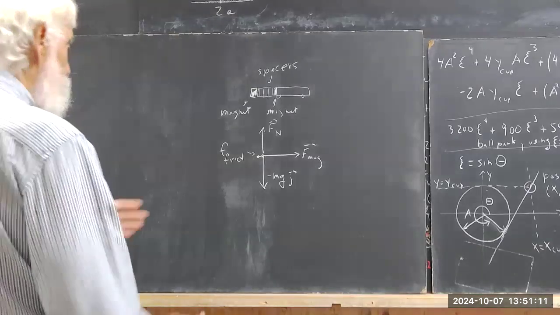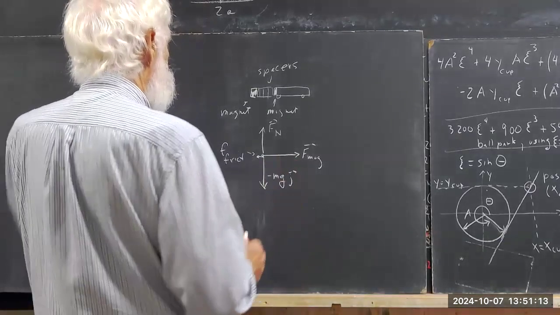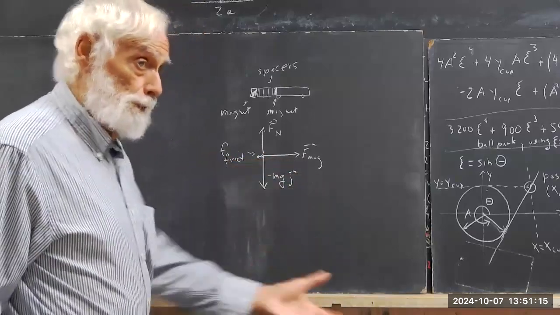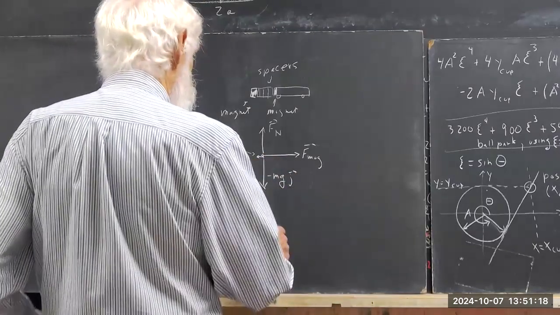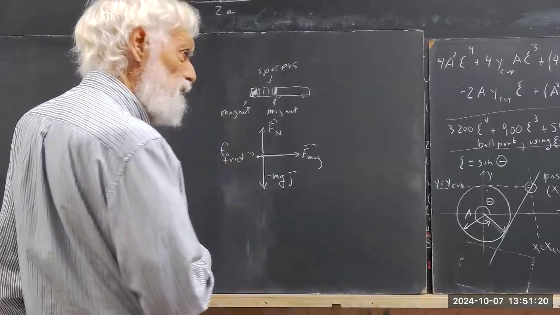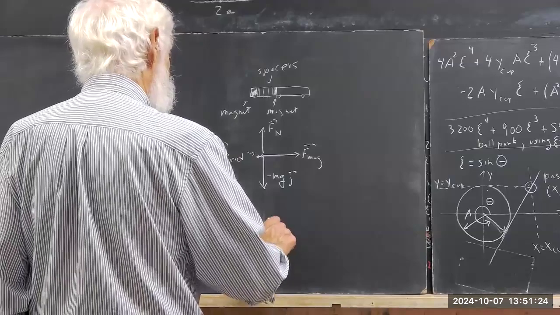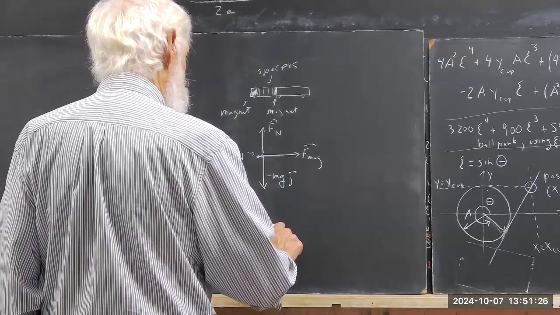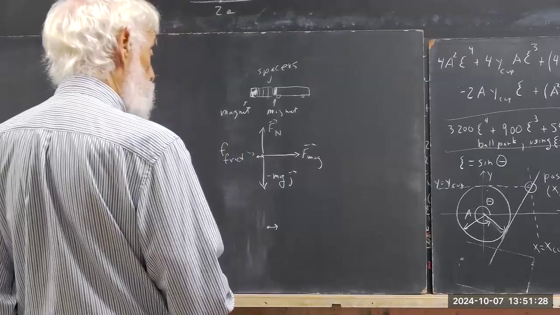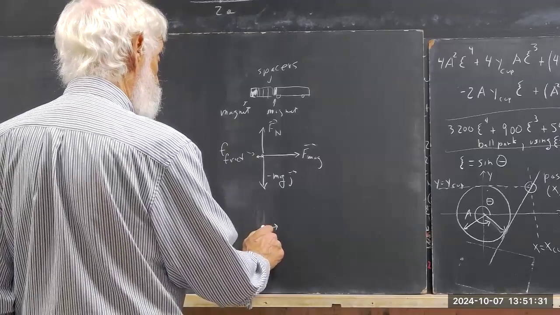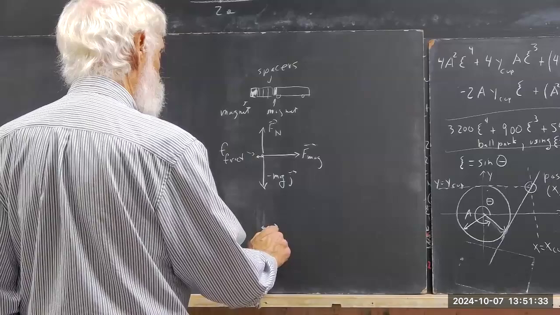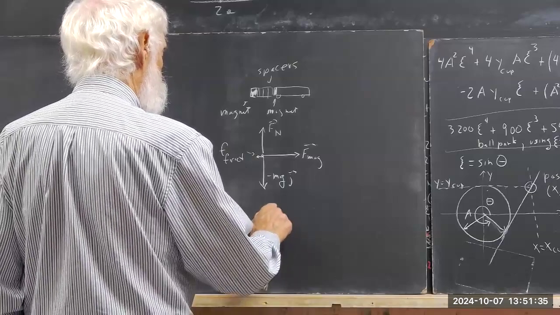Okay, so after this thing's moved 10 centimeters, the magnetic force is going to drop off pretty drastically. So you're going to have much less force from the magnet. Still got friction, and you've got your weight and your normal force.